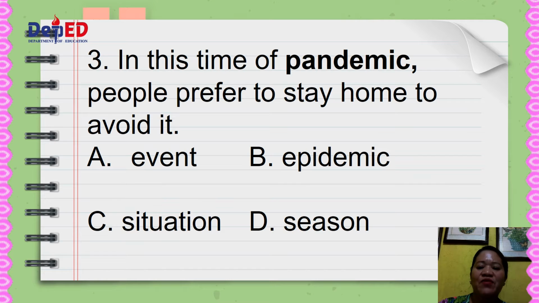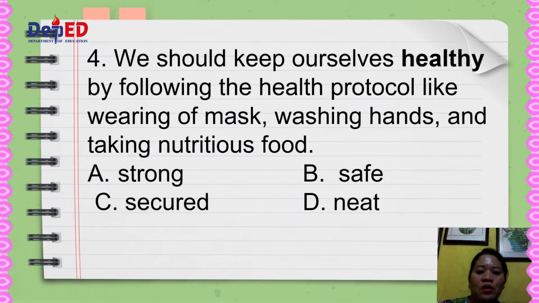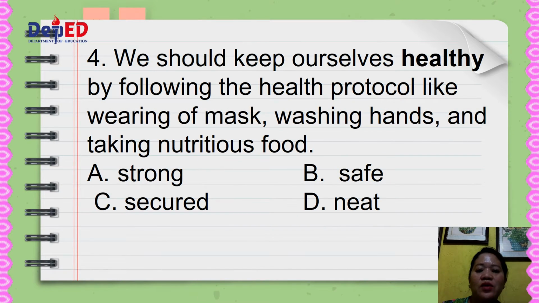In this time of pandemic, people refer. Number 4, we should keep ourselves healthy by following the health protocol like wearing of mask, washing hands, and taking nutritious food. A. Strong. B. Safe. C. Secured. D. Neat.